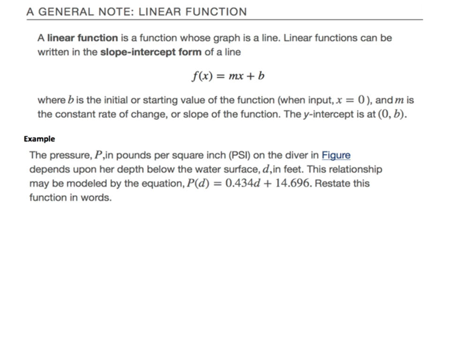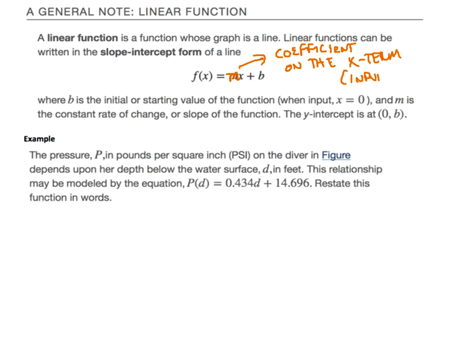Okay, a linear function is a function whose graph is a line. Linear functions can be written in slope-intercept form, and this is slope-intercept form right here: f of x equals mx plus b. Notice the slope is always the coefficient on the x term.